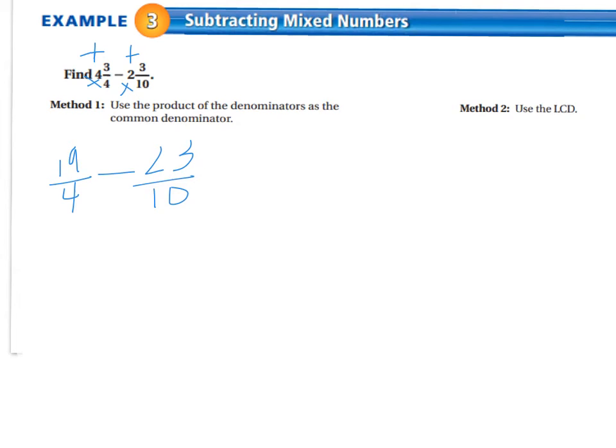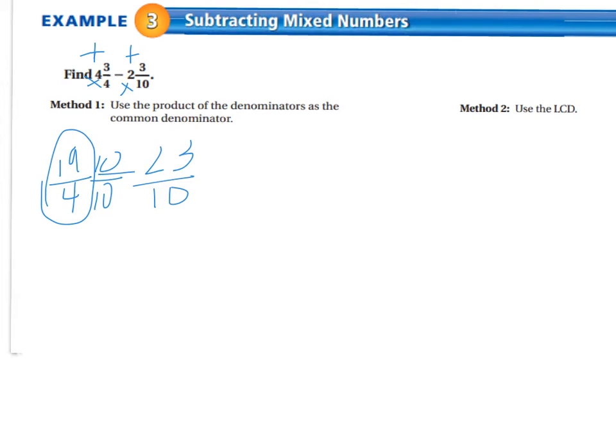In method 1, we're asked to use the product of the denominators. So my denominators are 4 and 10. That means that I'm going to multiply 19 fourths by 10 over 10 to get that denominator as 40.